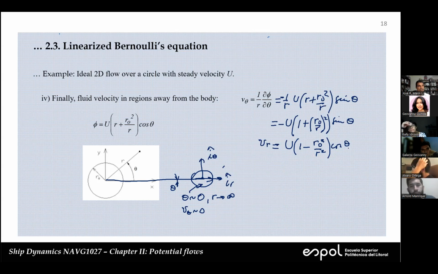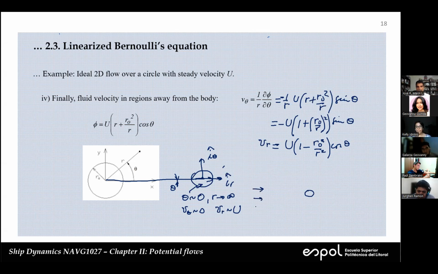What's the cosine of 0? Cosine of 0 is, people, come on. 1. So basically in this area, V sub r is u. So you have a body, let me draw here, very small.